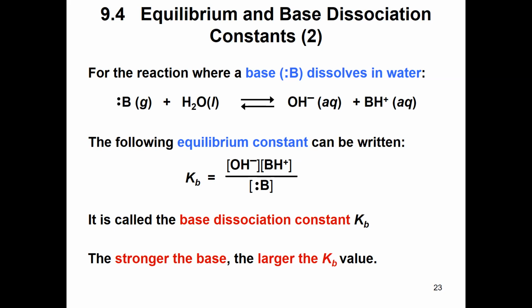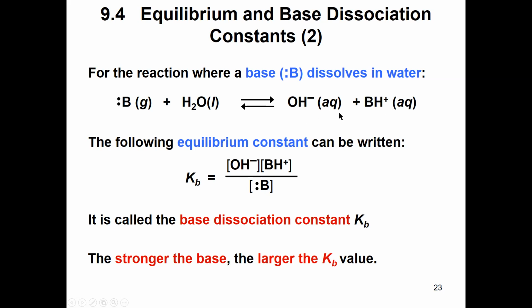This is the base dissociation constant. And so again, the larger the Kb value, the stronger the base, because a large Kb value would mean you have a larger product concentration than a reactant concentration. So a larger product concentration means the base completely dissociates into its hydroxide ion and BH plus ion.